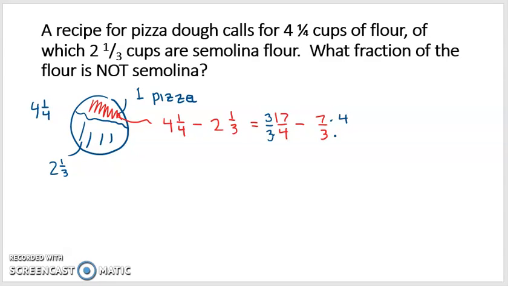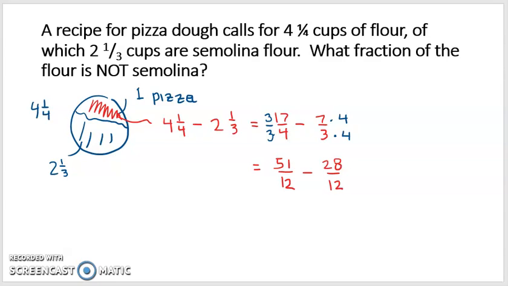I should use the proper terminology. And that creates equivalent fractions. And those fractions are 3 times 17, which is 51 over 12, minus 7 times 4, which is 28 twelfths.